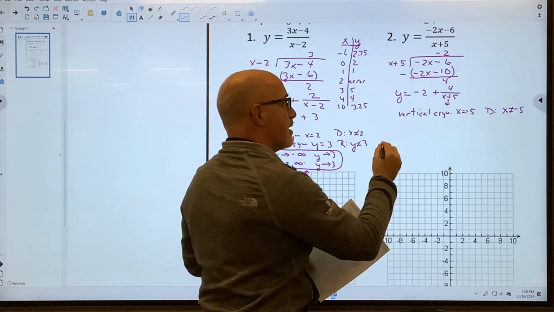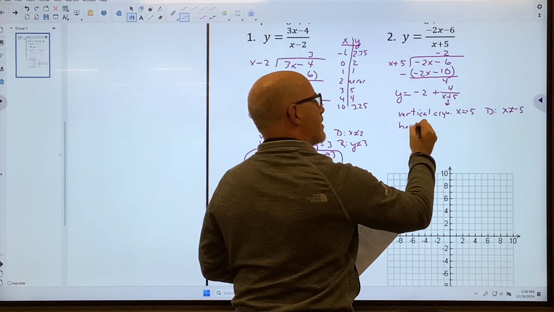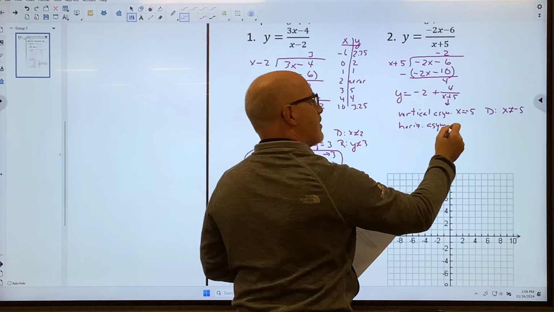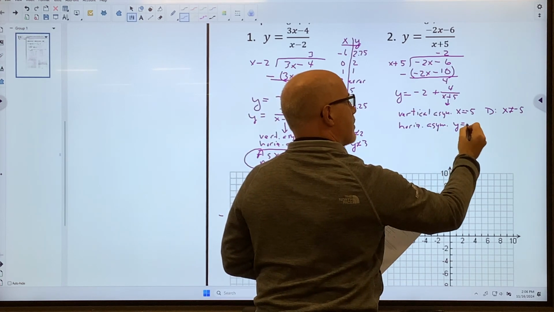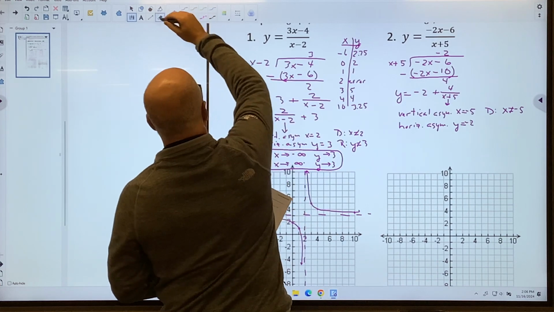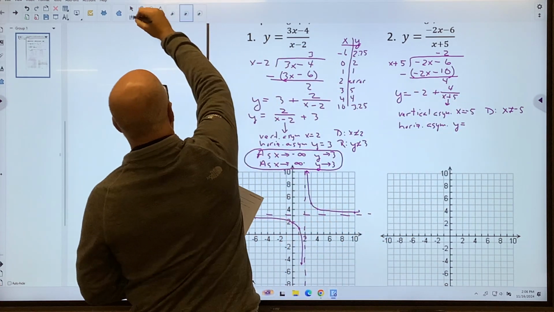Now let's go ahead and do the horizontal asymptote. That's related to this number in front. Y will equal negative 2 for my horizontal asymptote. So for this one, remember this is related to my end behavior.